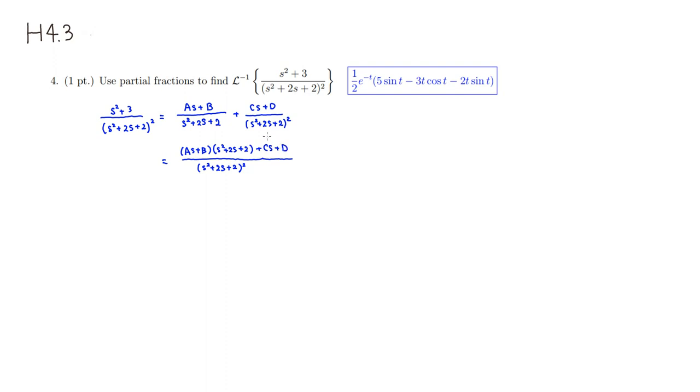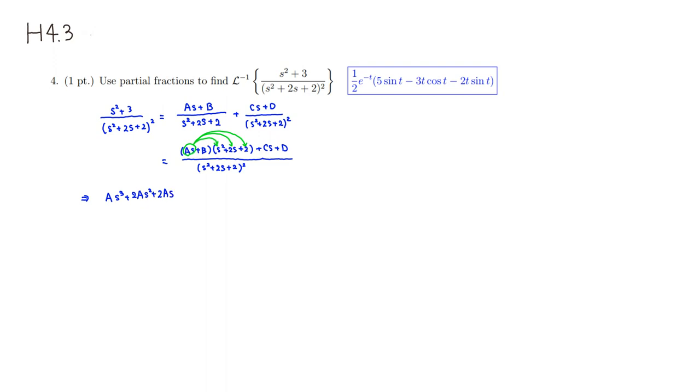Now we just have to match the numerators together. I'm going to multiply it out. I distribute as to each term, so we get as cubed plus 2as squared plus 2as.